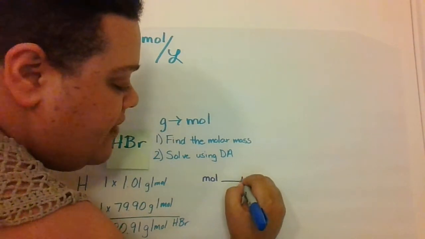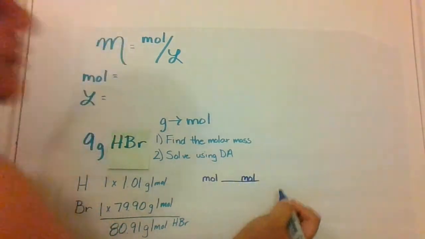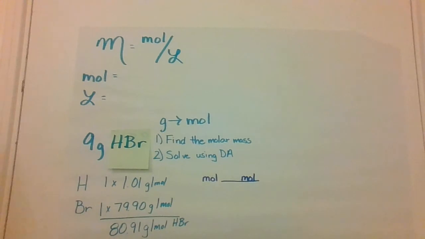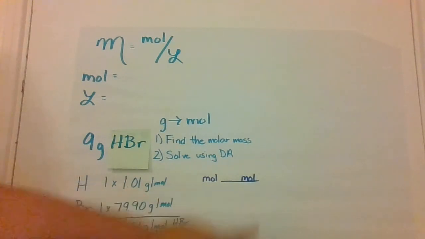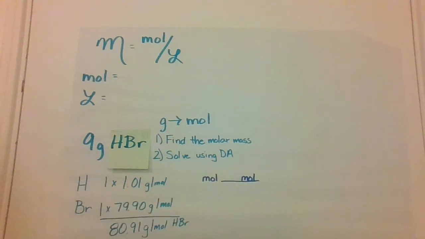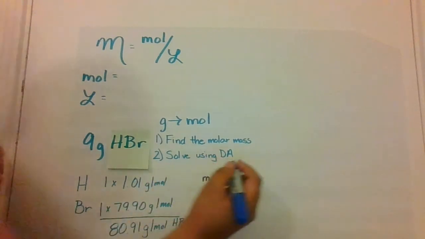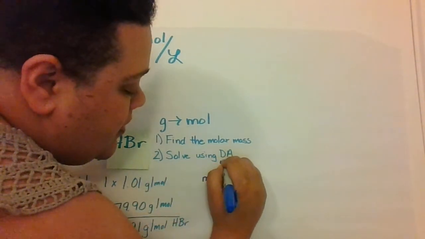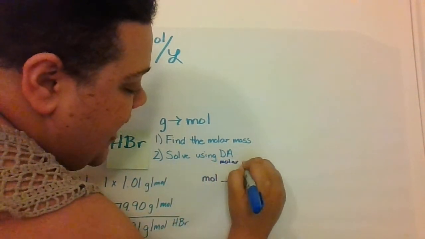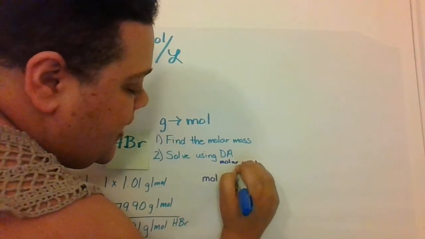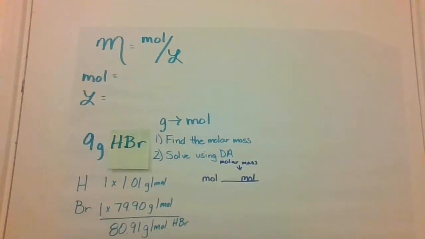In dA, whatever unit is on the left is the first unit on that first line. So we know in looking at our problem, we weren't given any moles. So when we're doing our moles to grams or grams to moles, this is where our molar mass goes, right here in this first slot.